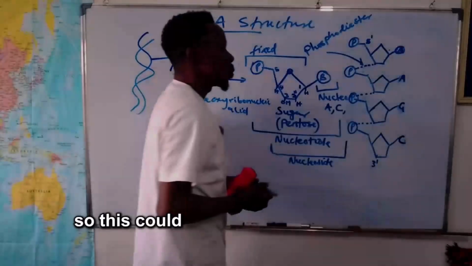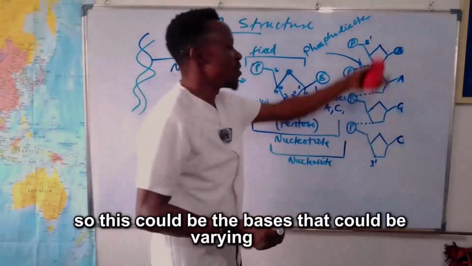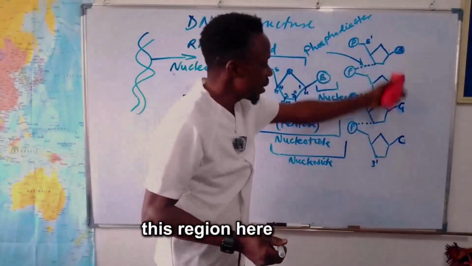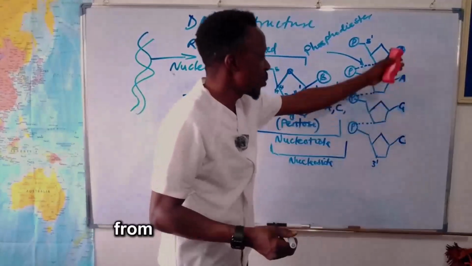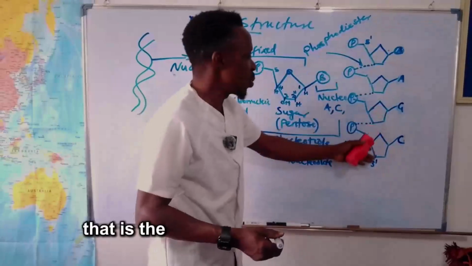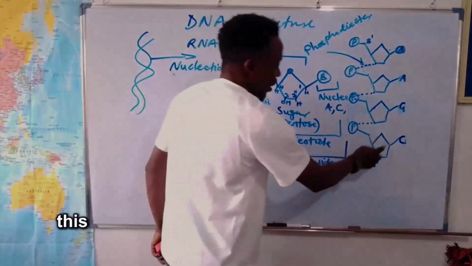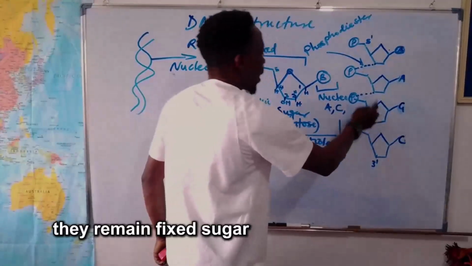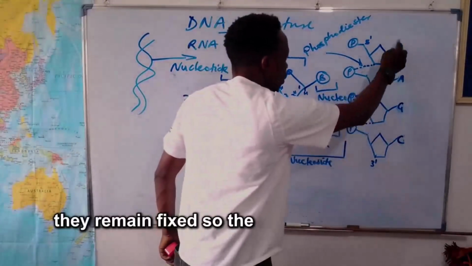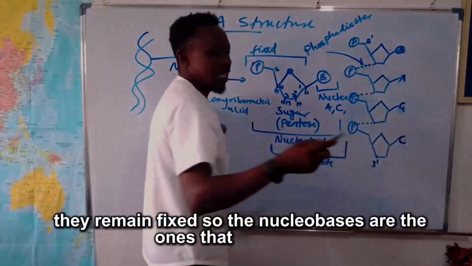This region here varies from one nucleobase to another. But this side, the sugar and the phosphate group, remain fixed. So the nucleobases are the ones that are varying.